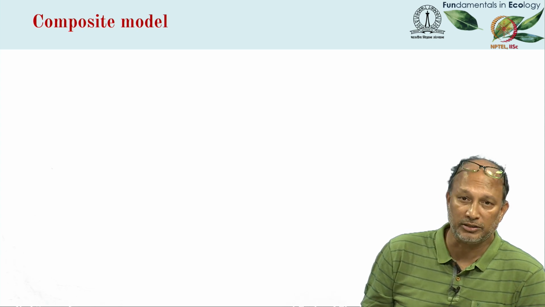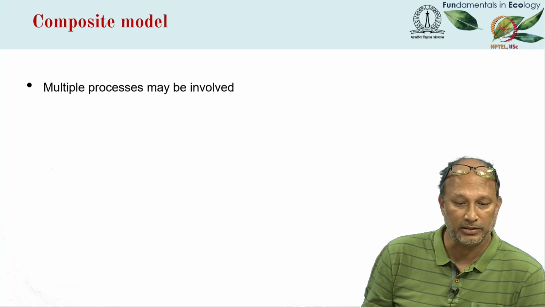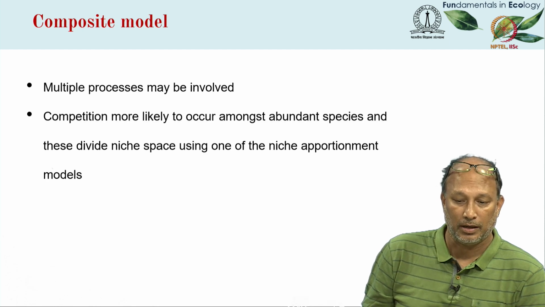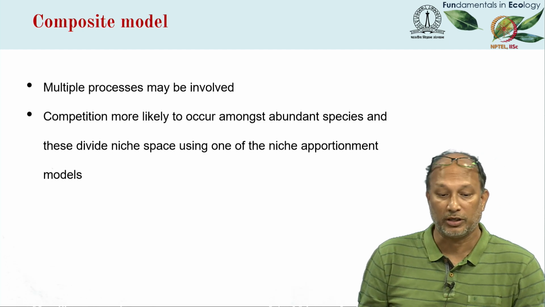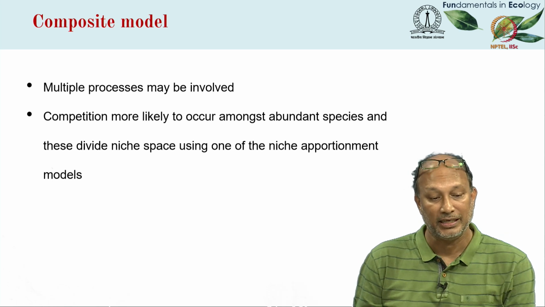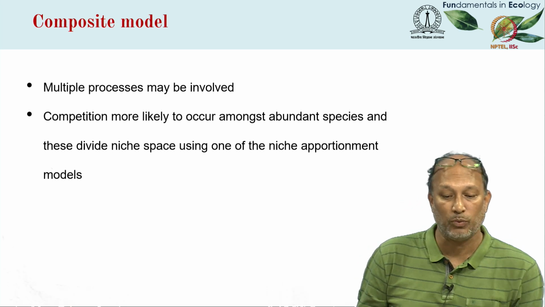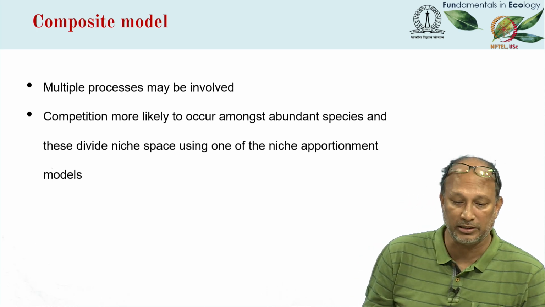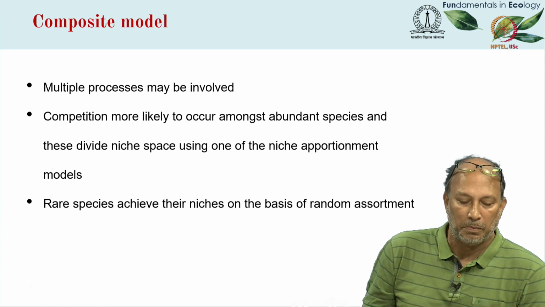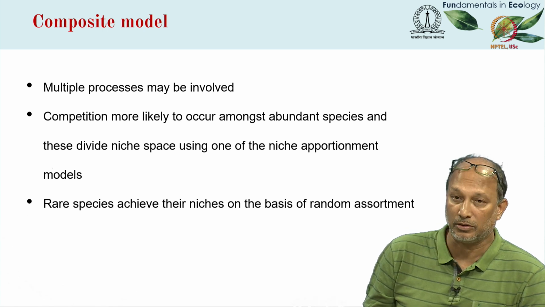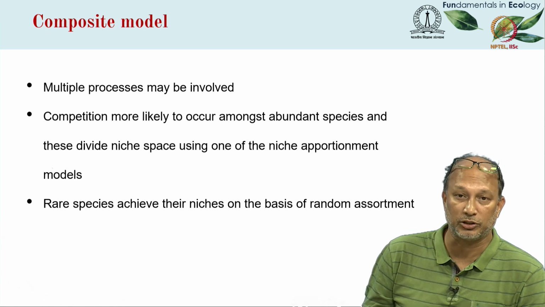The last of Tokeshi's models that's really quite interesting is where he proposes that multiple processes may be involved. Competition is most likely to occur between abundant species, and these divide niche using one or the other of the niche apportionment models. But rare species divide their niche on the basis of random assortment.